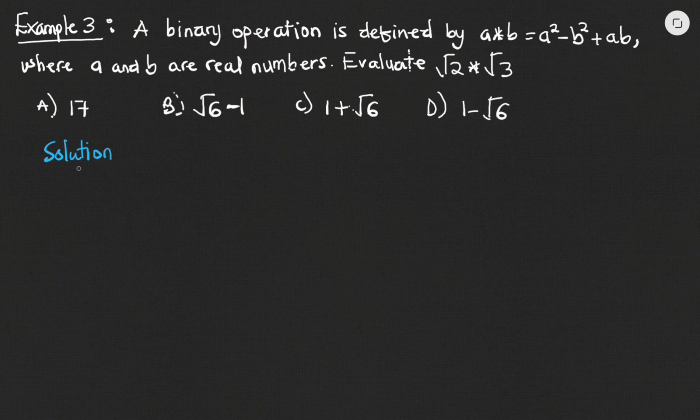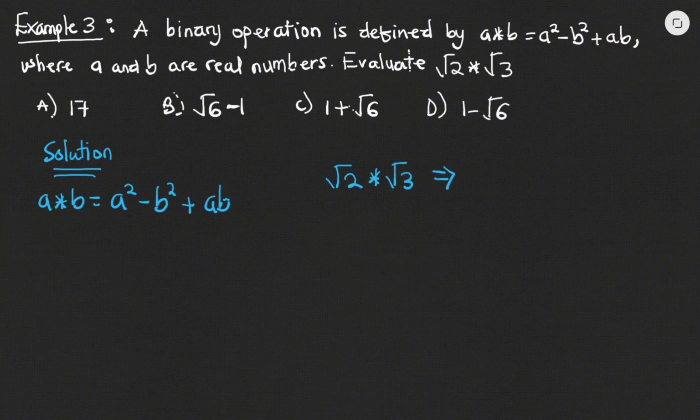This is very easy. So we were told that the binary operation, as defined on a set of real numbers as A operation B, is equal to A squared minus B squared plus AB.